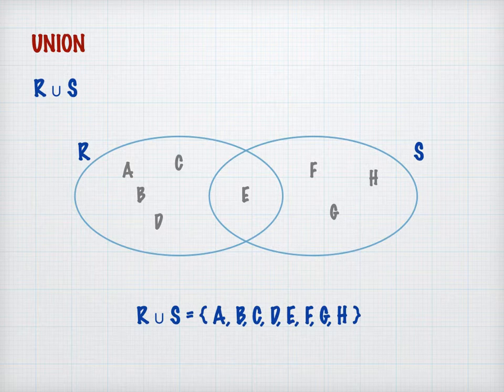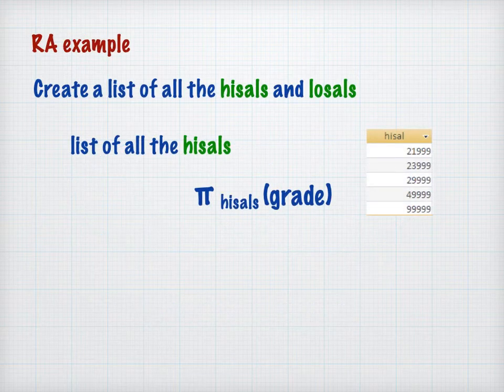So how does that work in relational algebra? Well, for example, let's imagine that we have our table of salaries, which has got high sales and low sales inside it. Let's imagine that we pulled out the high sales. The way that we could do that is we could project high sales from the grade relation. In SQL, we've got a grade table, we've got that high sales column inside the grade table, and all we're going to do is pull out that one column.